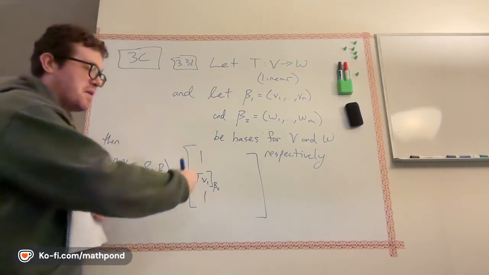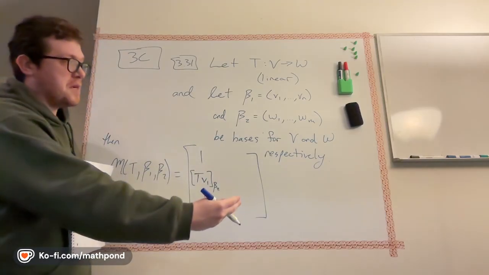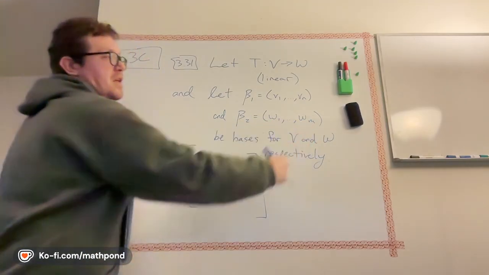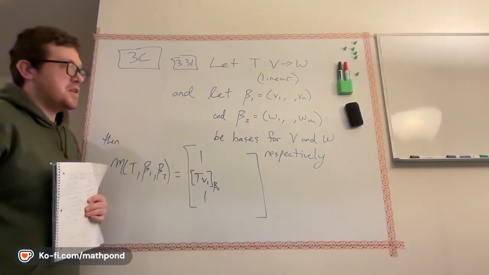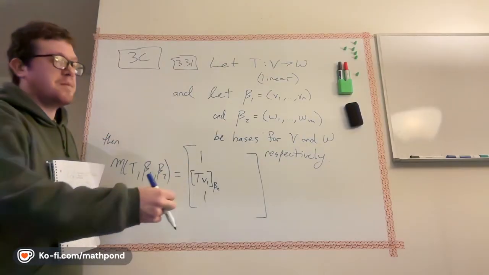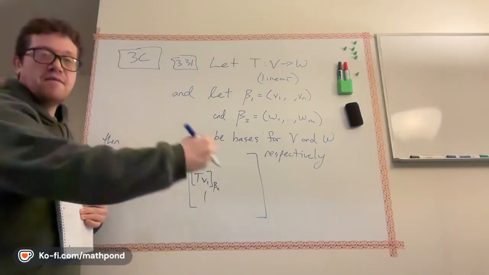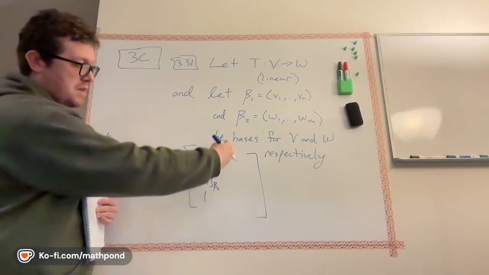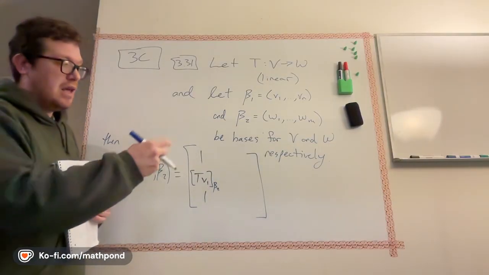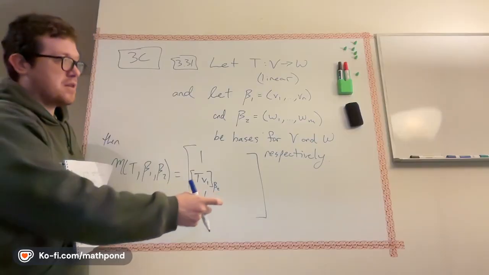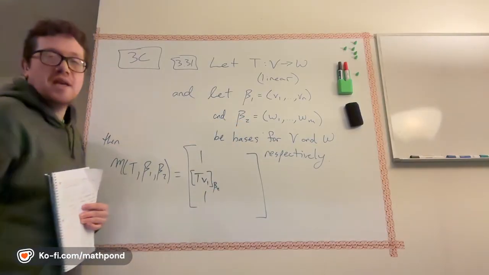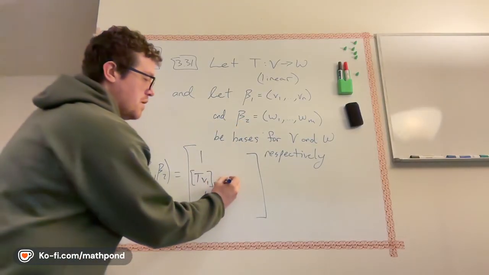Then we do the same thing for v2: we send it through the transformation and look at the coordinates of the linear combination of the w_i's that give you T of v2, then T of v3, and so on. So each column is going to be T of v_i written as a coordinate vector with respect to this beta 2 basis. And we're going to do that for each column.